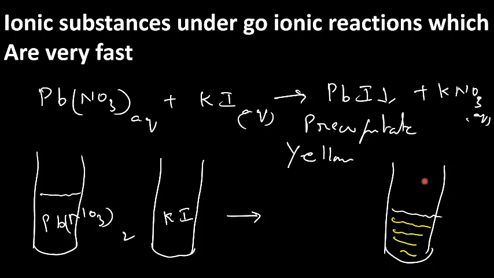When you are adding, you can find the yellow solid substance in the test tube, which is referred to as a precipitate. Precipitate means an insoluble solid substance formed in the reaction. Thus, ionic substances in their solutions undergo reactions very fast, which are referred to as ionic reactions.